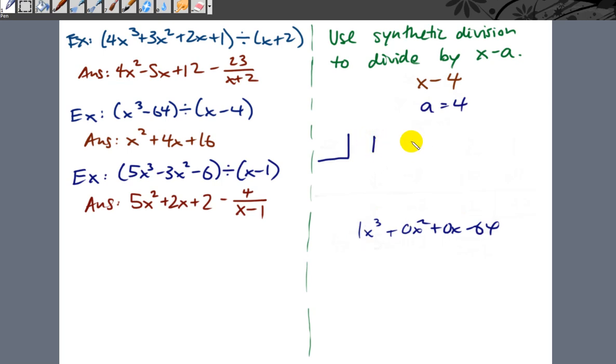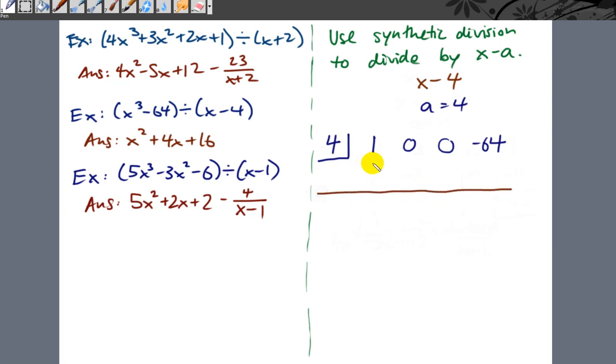So this is 1, 0, 0, negative 64. A is 4, so 4 goes right there. Now we're going to do the synthetic division. Like I showed you earlier, 1 comes down.